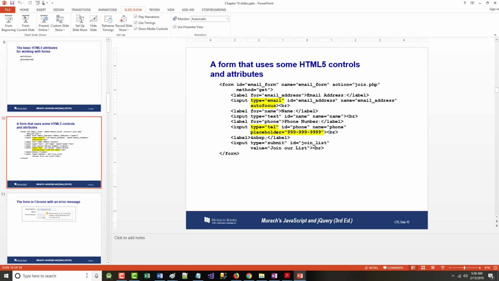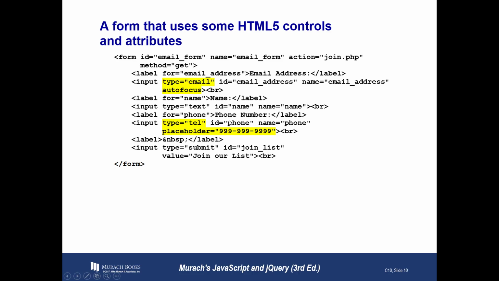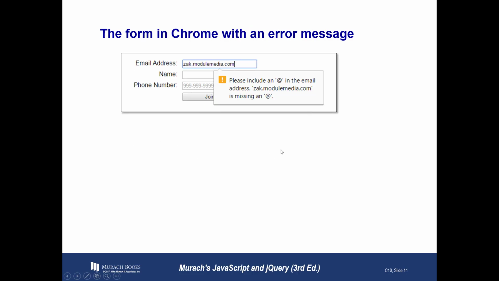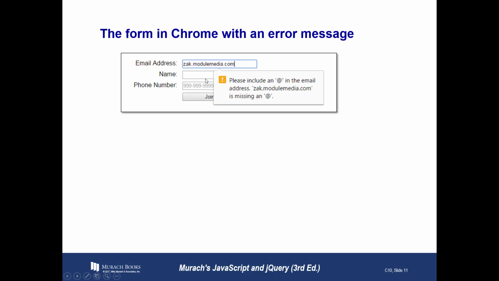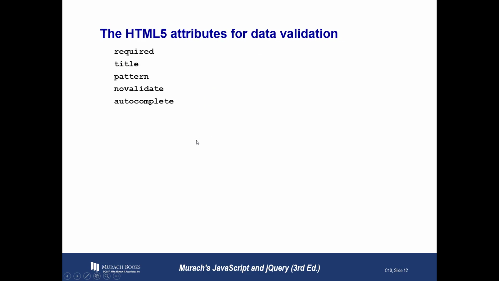All right. So they have here a form that uses some of these controls, and you end up with this. So again, this is the built-in stuff by saying type equal email, type equal tel, etc., that you get automatically from HTML. All right. So I've talked about some of these.